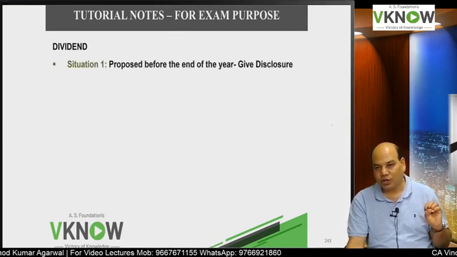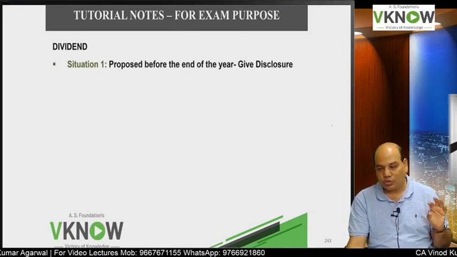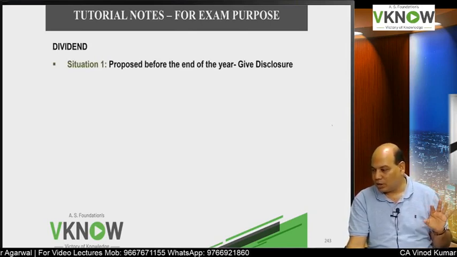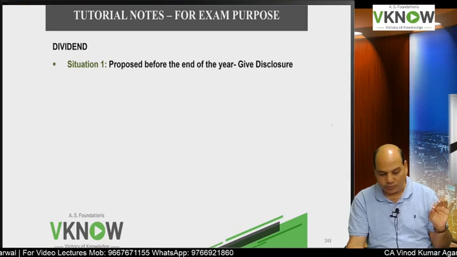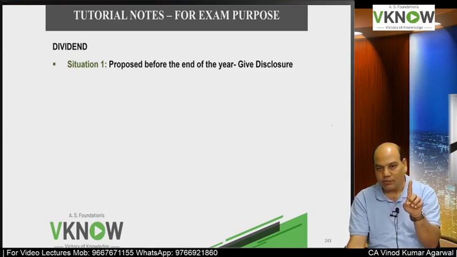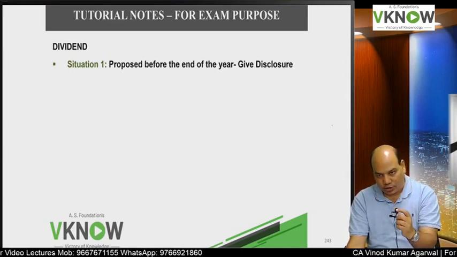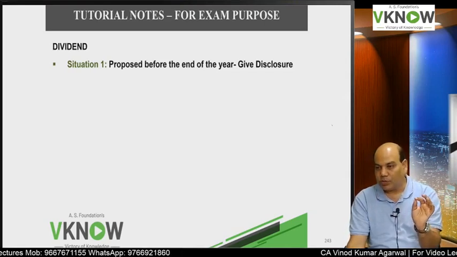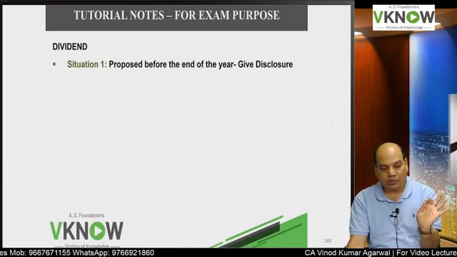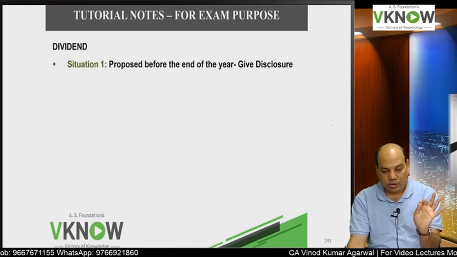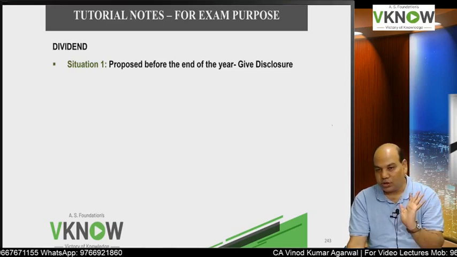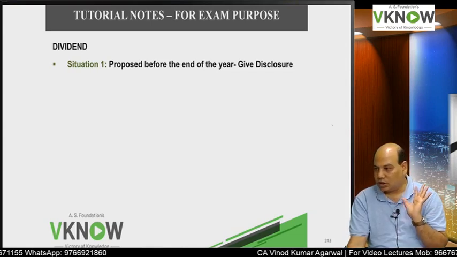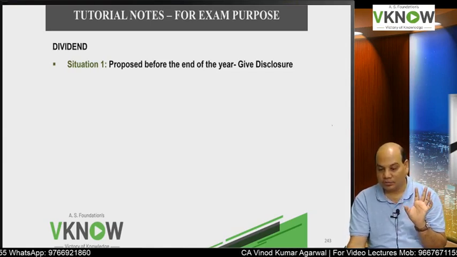Dividend is a confusing item. The student will have a doubt whether I need to record dividend or not. So I have written very clearly what you will do in different scenarios. Situation 1, if dividend is proposed, underline the word proposed, then only disclosure is required. It has not yet become a liability.